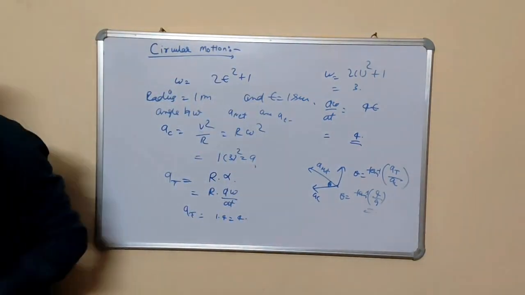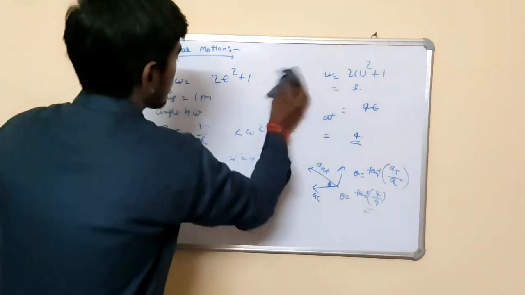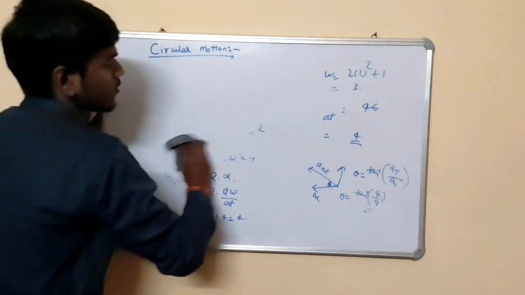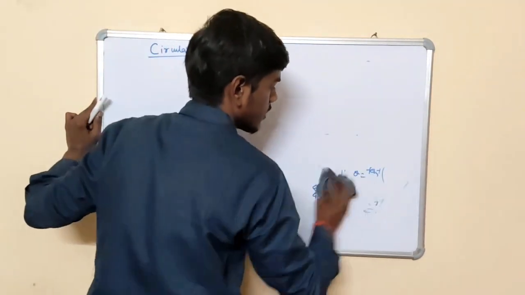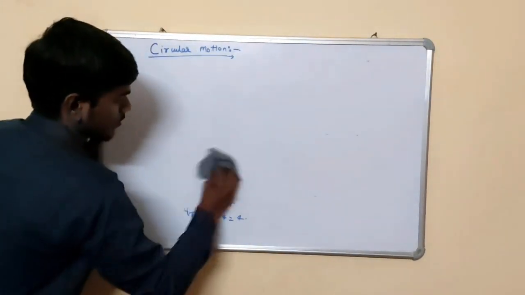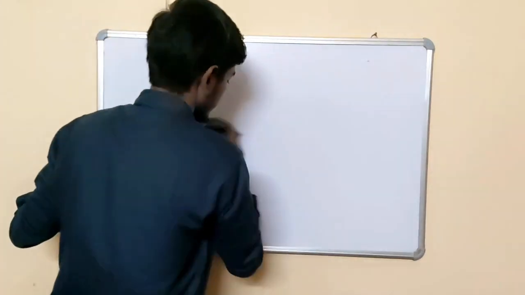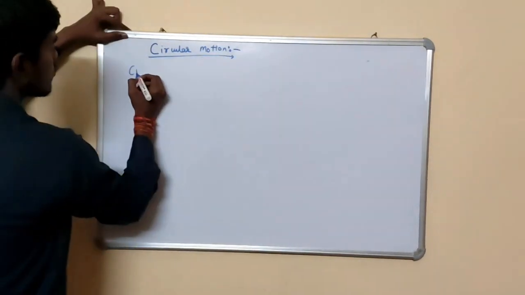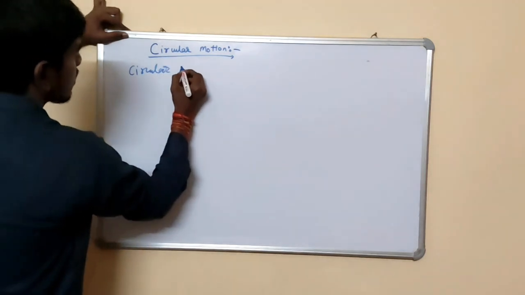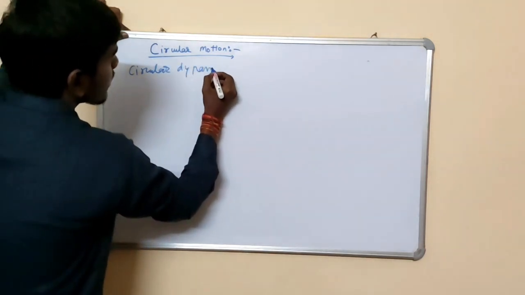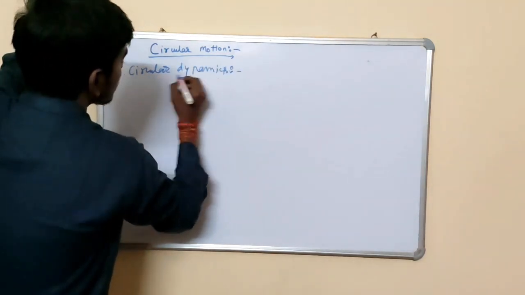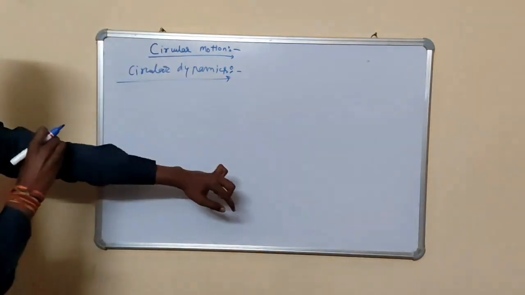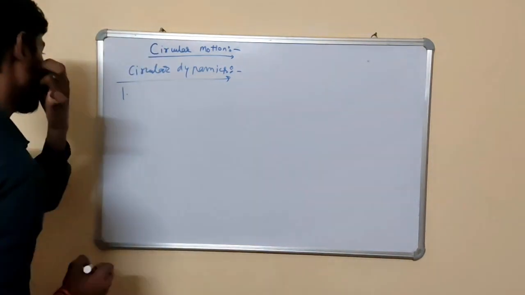Now I will discuss some important cases of circular motion, which are very useful and usually asked in examinations. So let's see. First of all, we will try to resolve the forces in circular dynamics. If a particle is moving in circular motion, how will we resolve the forces? There are some points we have to learn.